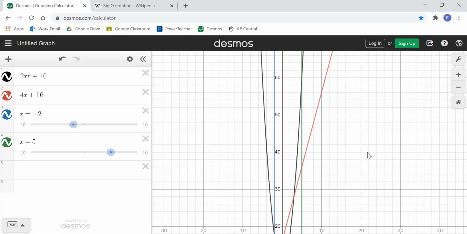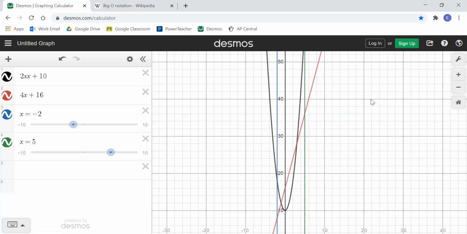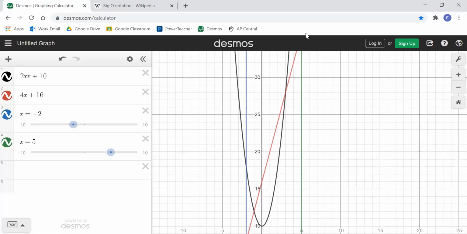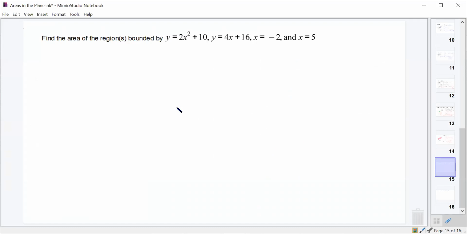Everybody see all that? Good with that? I know it's a little bit of a mess there with all those graphs on there, but does that make sense? Yeah. So how many different integrals are we going to have to use to find the area of these regions? Three. Should need 3 different integrals.